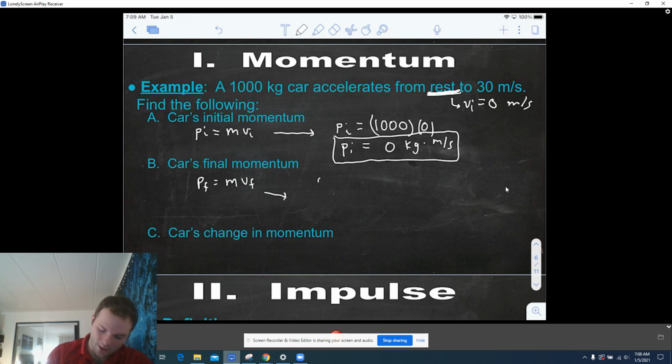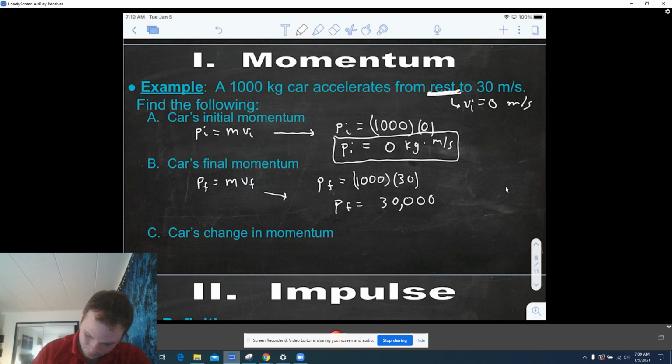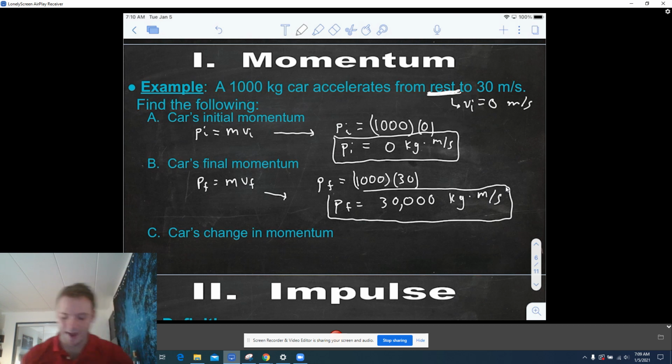And then if we plug that all in, the mass is the same, and the final velocity goes from rest to 30 meters per second, so it's going to be 30. At that point, it's just algebra, multiply out. You get a final momentum of 30,000 kilogram meters per second.